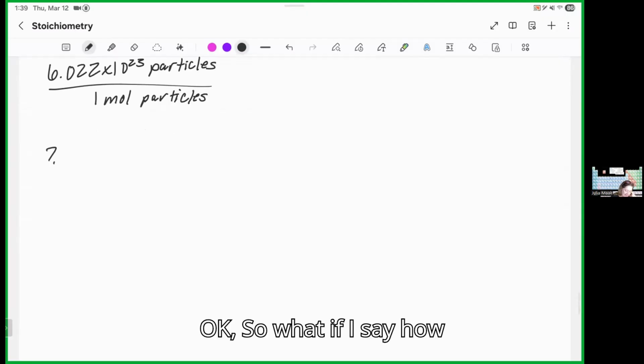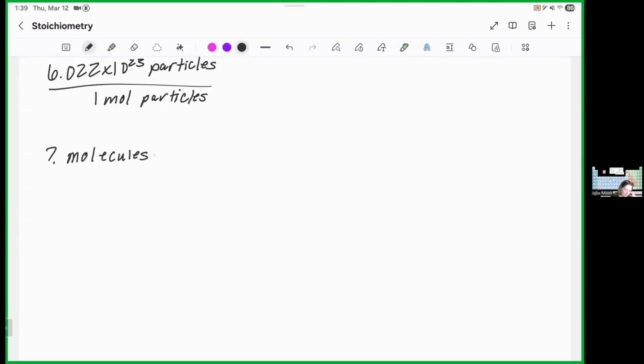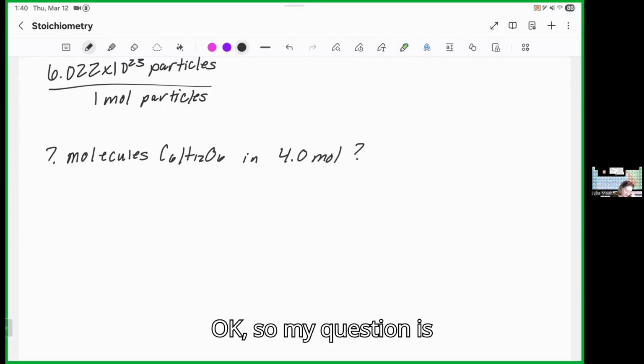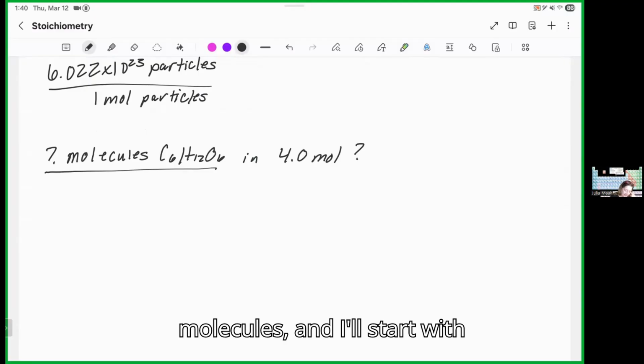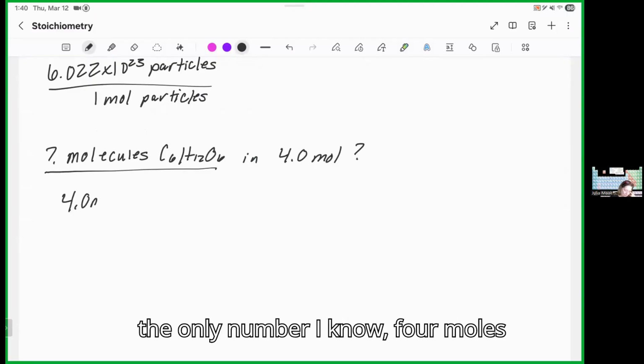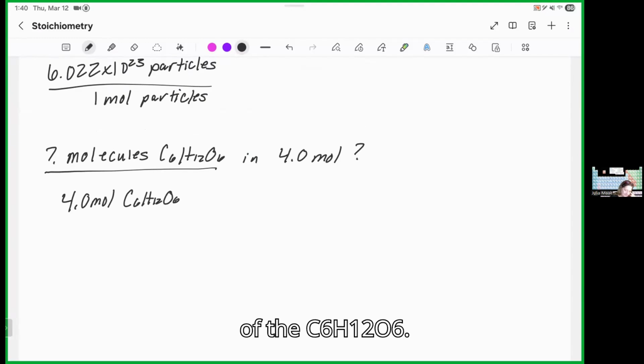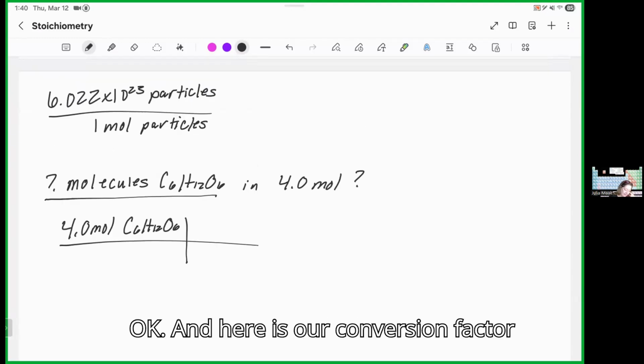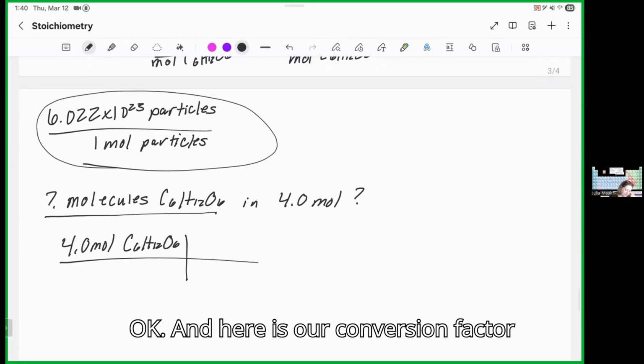Okay, so what if I say how many molecules of C6H12O6 are in 4.0 moles? My question is molecules. And I'll start with the only number I know, 4 moles of the C6H12O6.